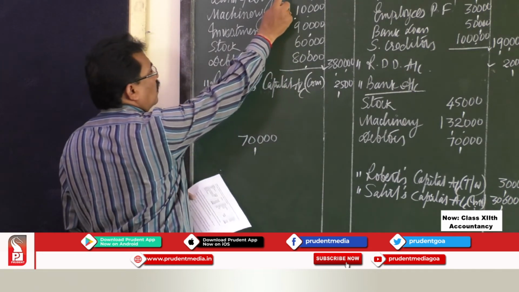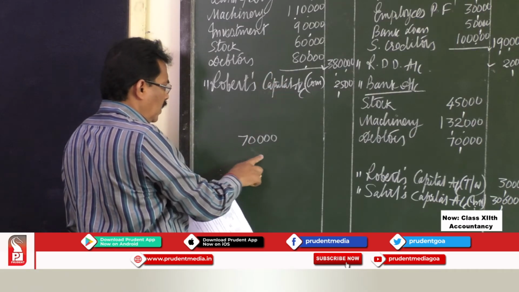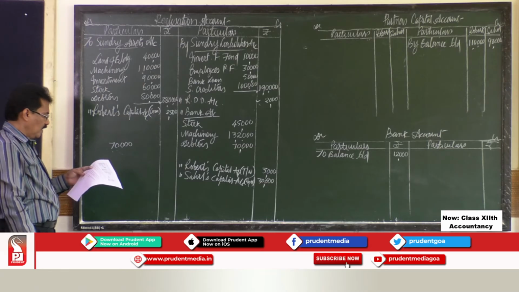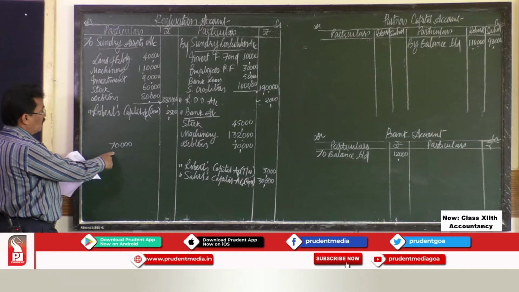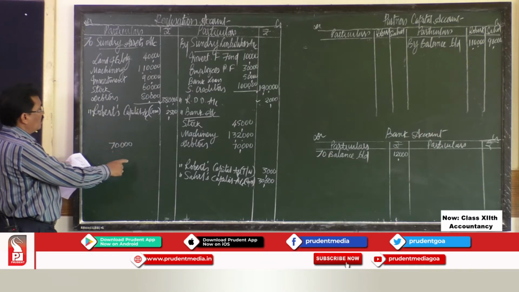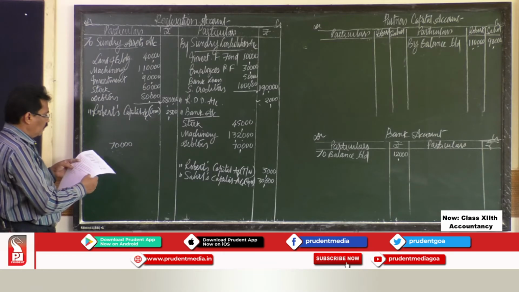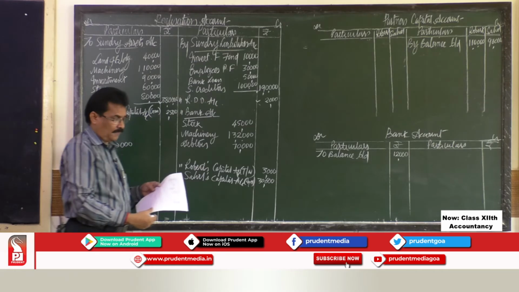Actually the book value of the building was rupees 40,000. So on dissolution, when it is revalued, its worth was rupees 70,000, and this building value of rupees 70,000 is taken over by the bank in settlement of the loan. The bank loan was 50,000.